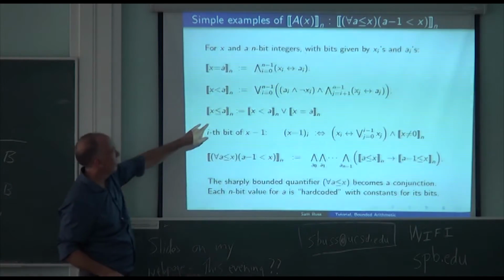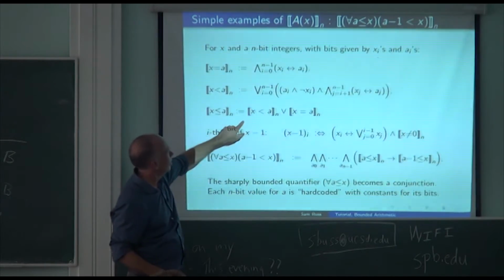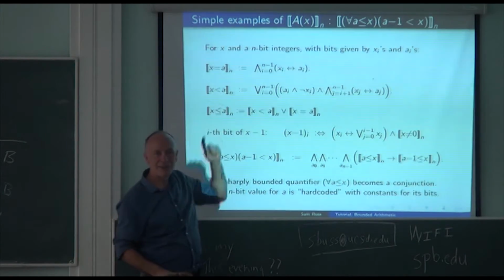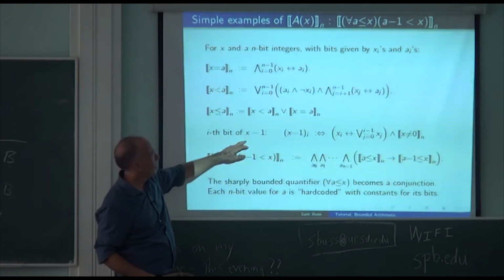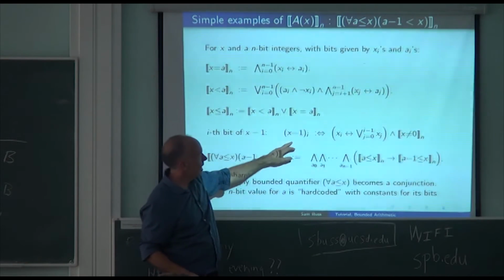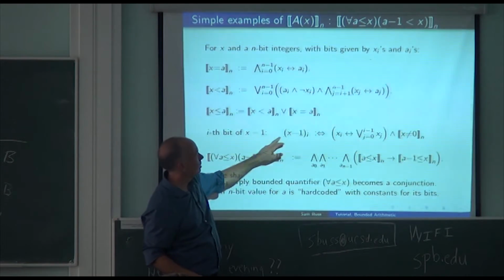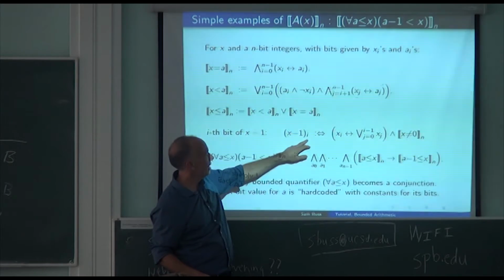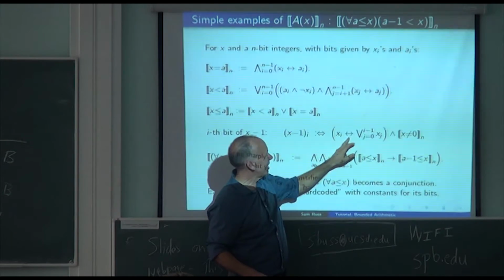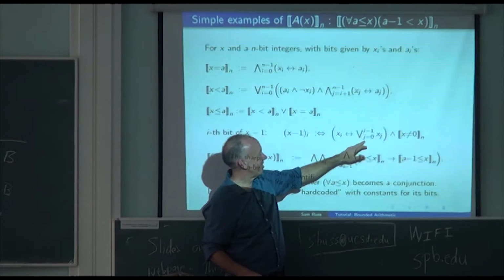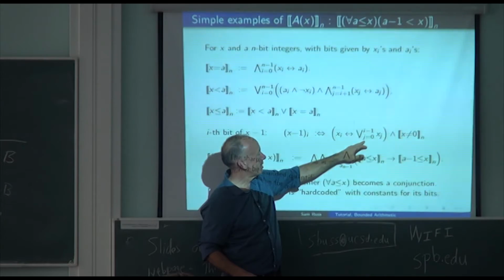The formula for x less than or equal to a sub n is we just take the disjunction of the above two statements. For instance, we could do it directly. The ith bit of x minus 1 we can write out as a formula: xi if and only if the OR from j equals 0 to i minus 1 of xj.